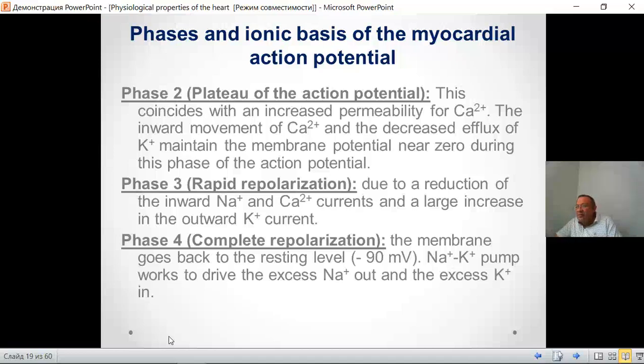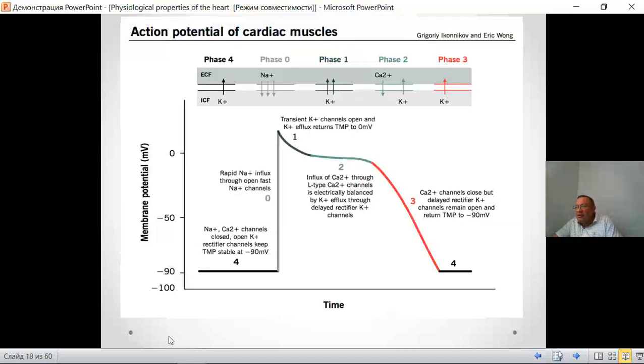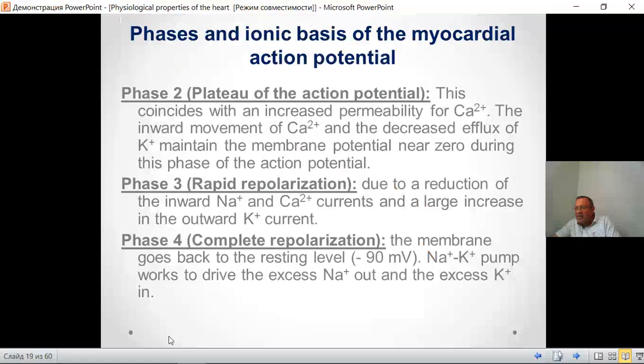Phase number 3, rapid repolarization. Calcium channels close and slow potassium channels open. The closure of calcium ion channels and increased potassium ion permeability, permitting potassium ions to rapidly exit the cell, ends the plateau and returns the cell membrane potential to its resting level.